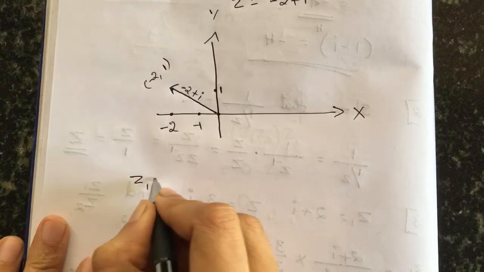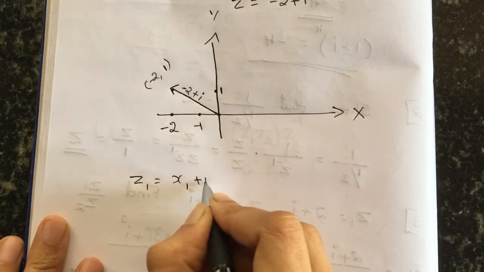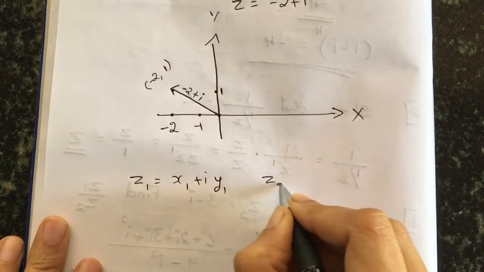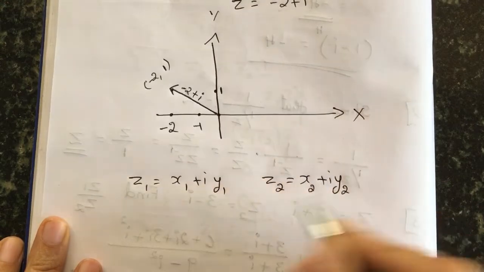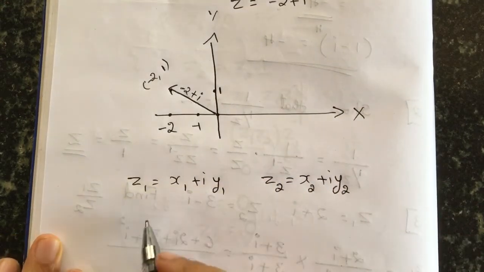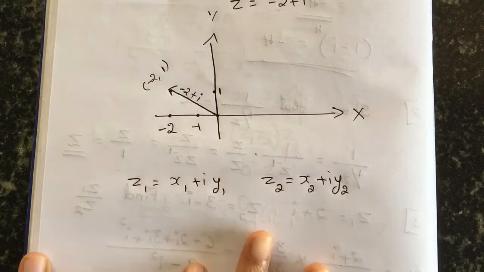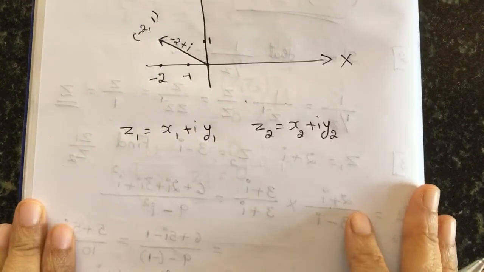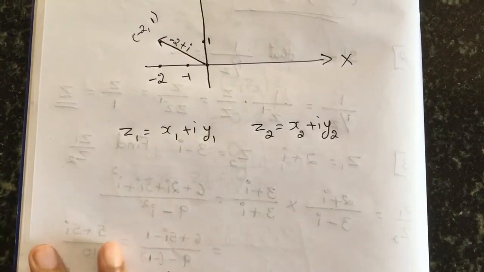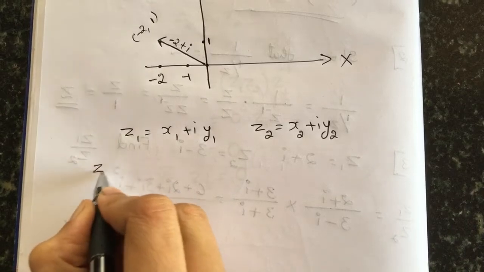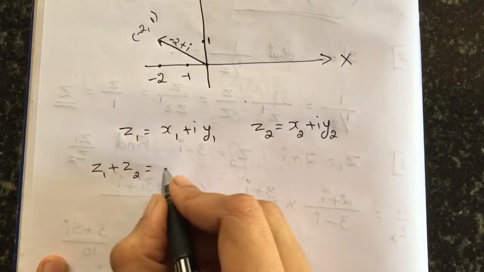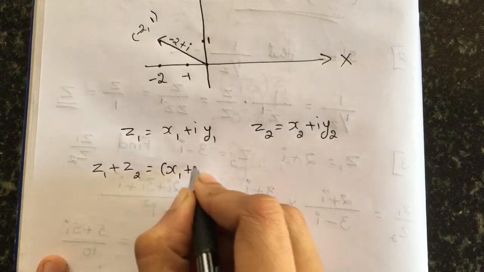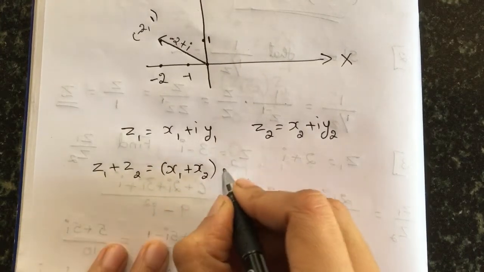Now suppose we want to add two complex numbers, say z1 is x1 plus iy1 and z2 is x2 plus iy2. Then I want to add them and represent them in the Euclidean plane, or complex plane. So how do we add two complex numbers? We add the real parts together, and the imaginary parts together, which I have explained in my last videos.